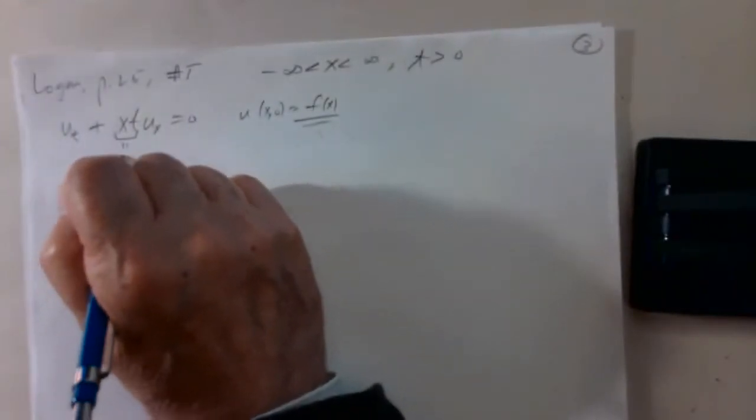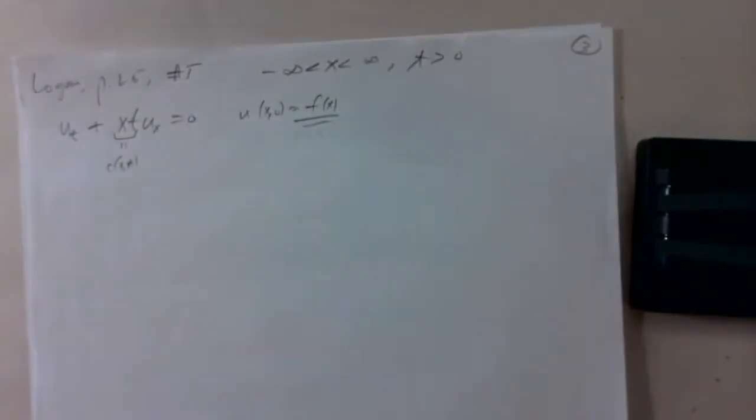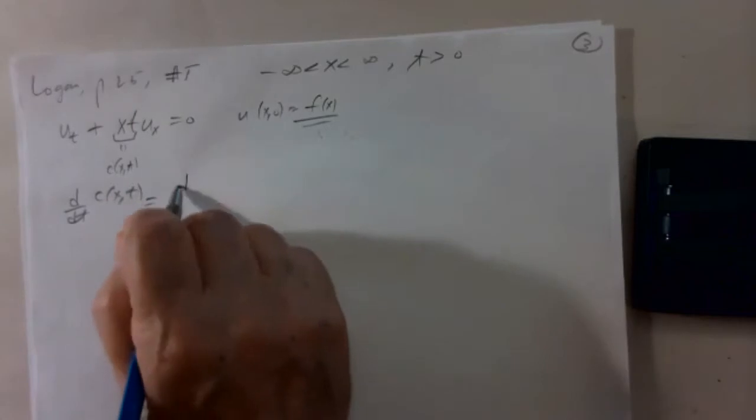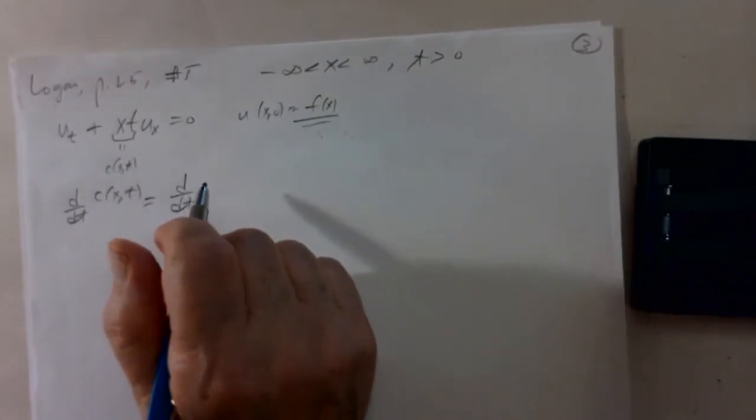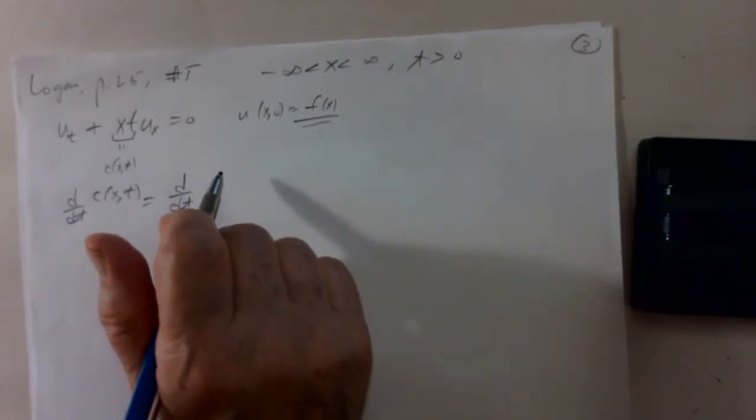So you can think of this as my function c of x, t. And what I want to do is to solve the first order differential equation, the derivative with respect to t of x.